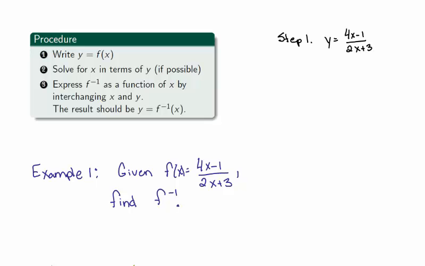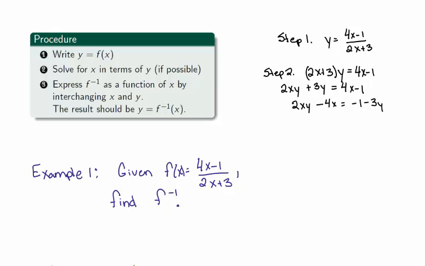1. We write y equal to (4x minus 1) divided by (2x plus 3). Next, we solve for x in terms of y. (2x plus 3) times y equals 4x minus 1. And so, 2xy plus 3y equals 4x minus 1. Moving the terms with x's to one side of the equation, we get 2xy minus 4x equals negative 1 minus 3y.